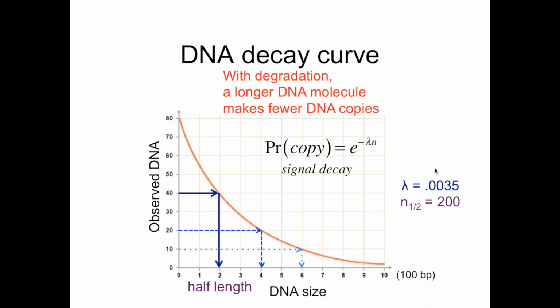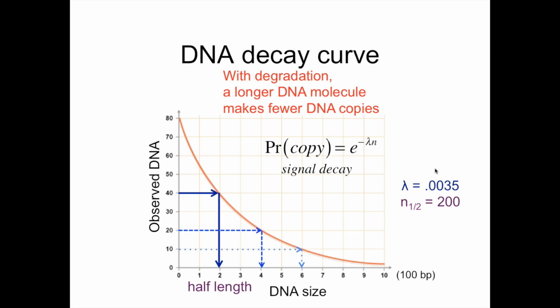Let's look at this visually and take a look at what these DNA curves look like. First, let's look at the axes here. On the x-axis, we're looking at, in 100s of base pairs, the length or the DNA size of a fragment, and the y-axis is showing an amount of observed DNA on an arbitrary scale that's up at 80 and then decreasing.